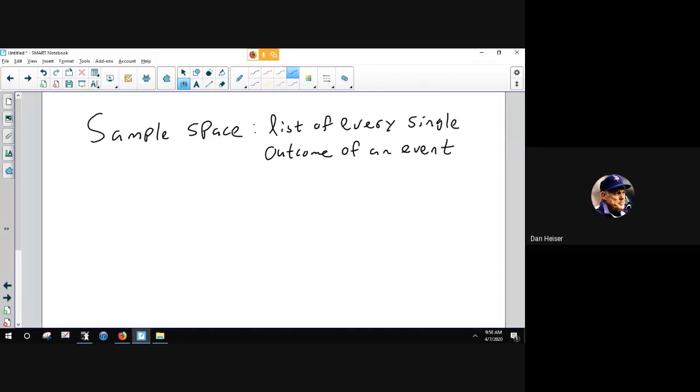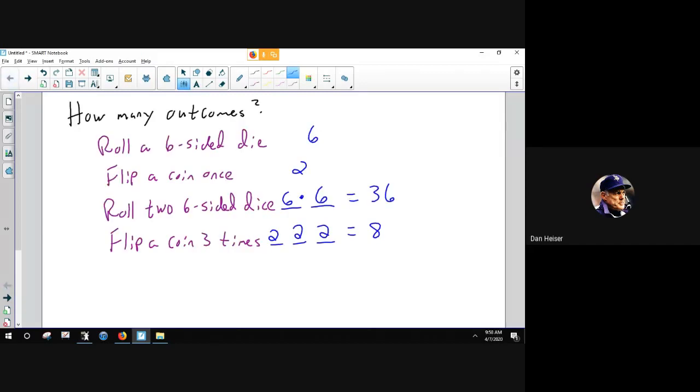Sample spaces can get very large. Roll 2 six-sided dice. The sample space is every single pair of numbers possible: 1, 1, 1, 2, 1, 3, 1, 4, 1, 5, 1, 6, 2, 1, 2, 2, 2, 3, 2, 4, and so on.